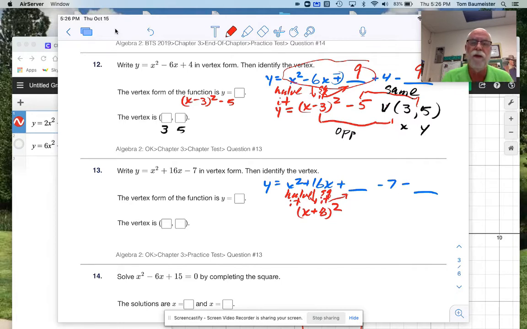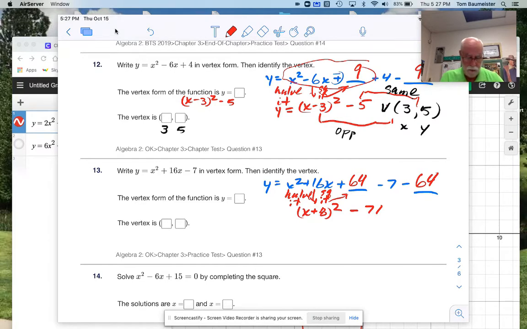And I'm just going to put SQ there because I'm writing so short. And what is 8 squared? You're going to tell me 64. And you're going to tell me 64. And so we're going to have negative 7 minus 64. That is going to be 71.